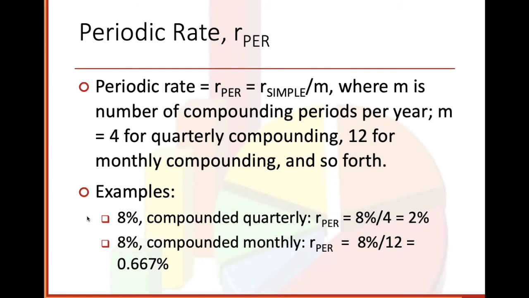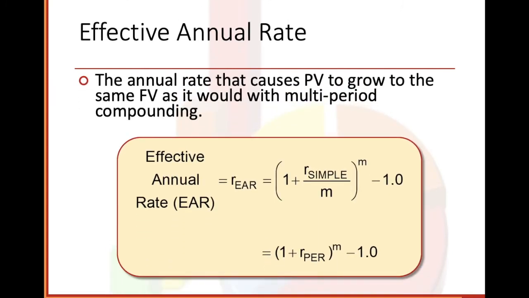Example: 8% compounded quarterly, R period equals 8% divided by 4, which is 2%. 8% compounded monthly, R period equals 8% divided by 12, or 0.667%.